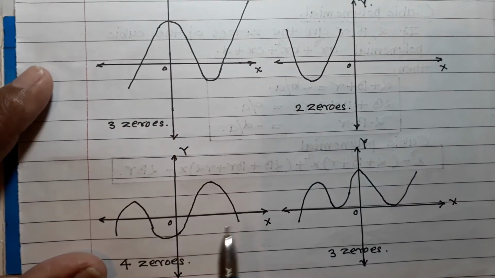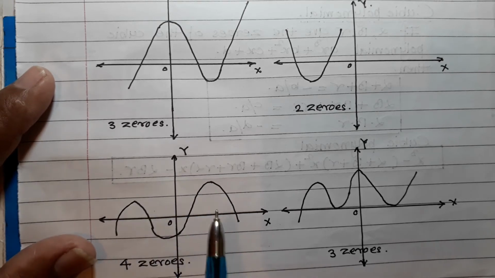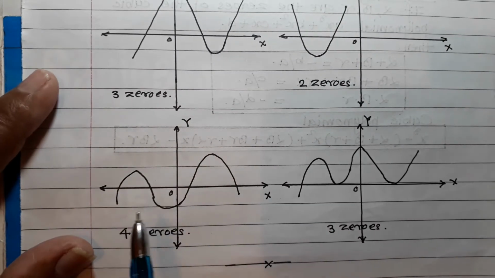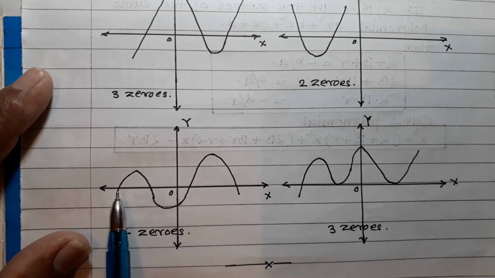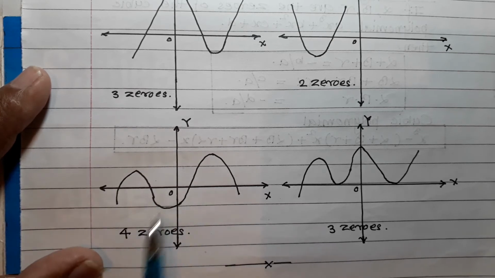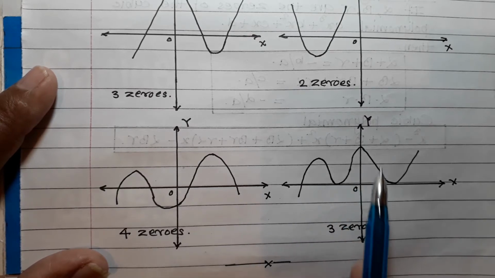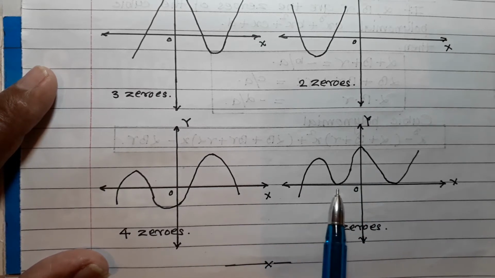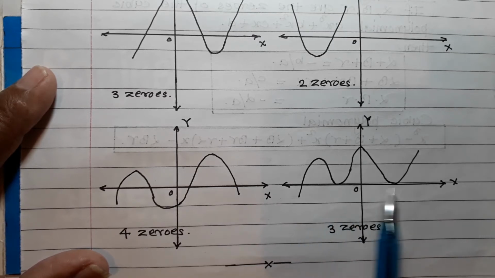Now here in this figure, this curve intersects the x-axis at 4 points: 1, 2, 3 and 4. So therefore there are 4 zeros. And in this case the curve intersects or touches the x-axis. So this is an intersecting point, this is a touching point, this is also a touching point.